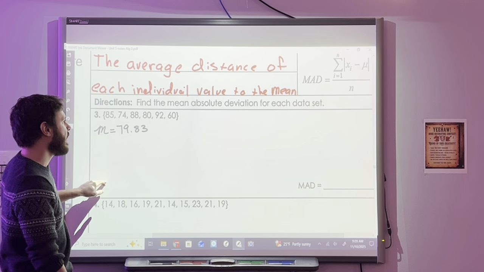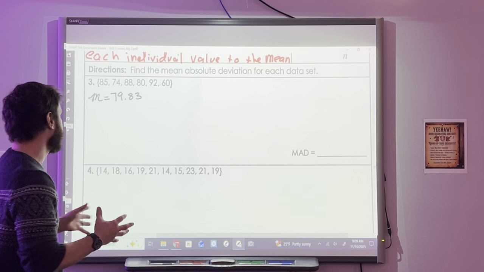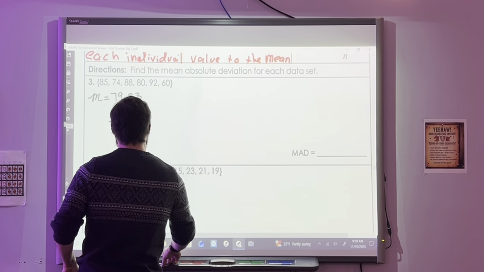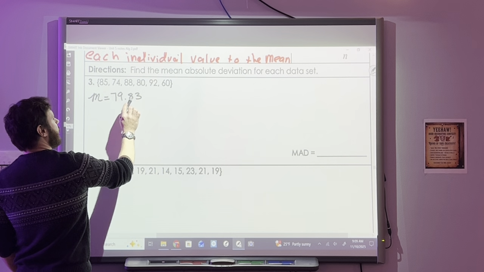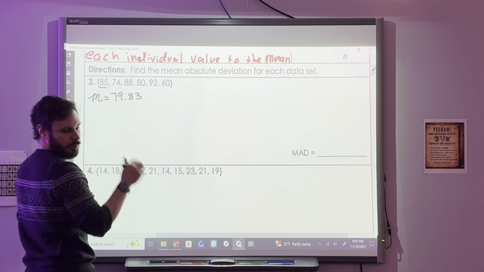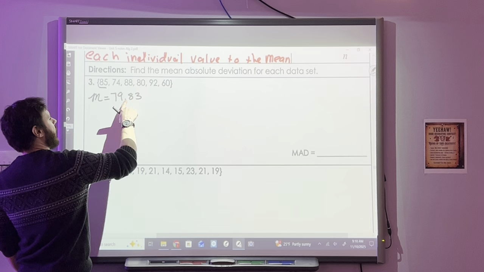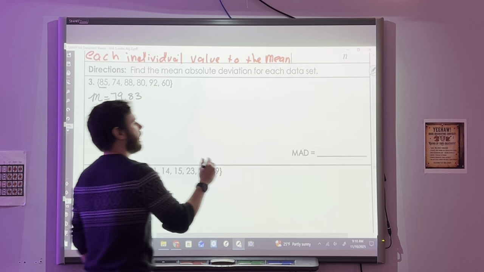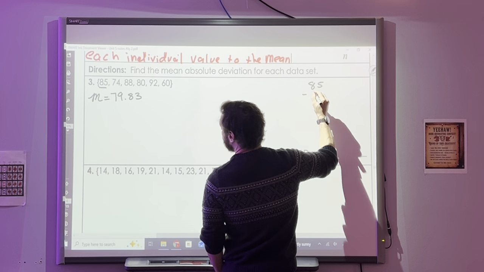This is where the math gets a little, it's not hard, it's gonna look bad, okay? What I wanna do is I wanna find out how far away this is from that. This is 85, how far is it away from that? So I just wrote it out. What I did was I took 85, I'll show you what I did over here the first time, and I took away my mean.